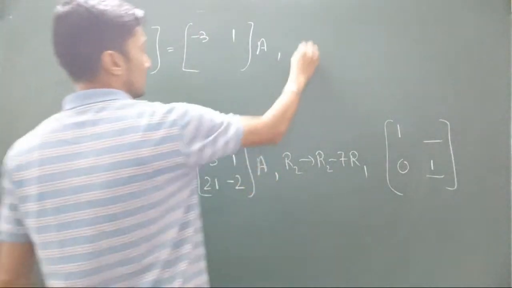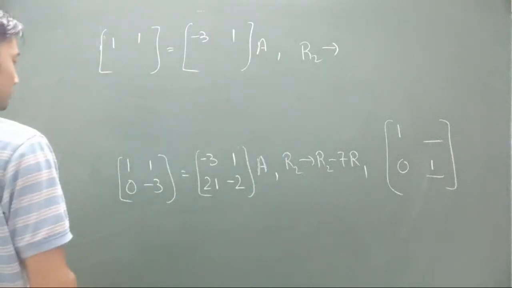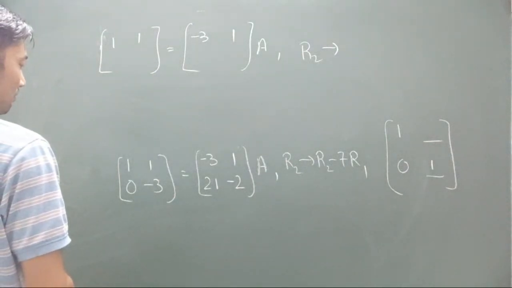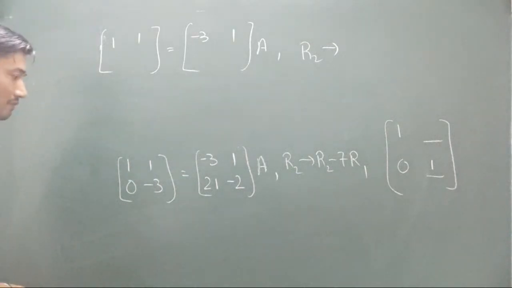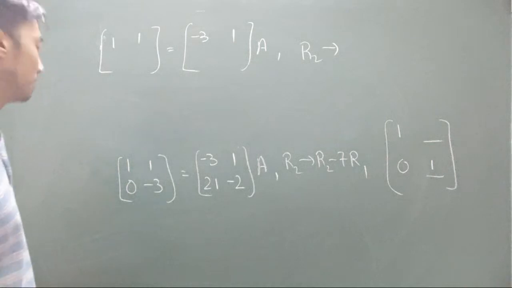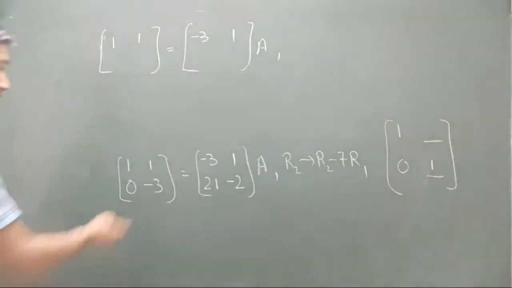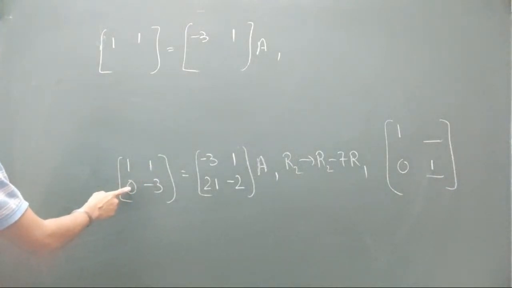What if I apply R2 as, what can be done? Okay, maybe we can just divide by minus 3 also, no problem. If I do this, that's alright, but this value should not change again.